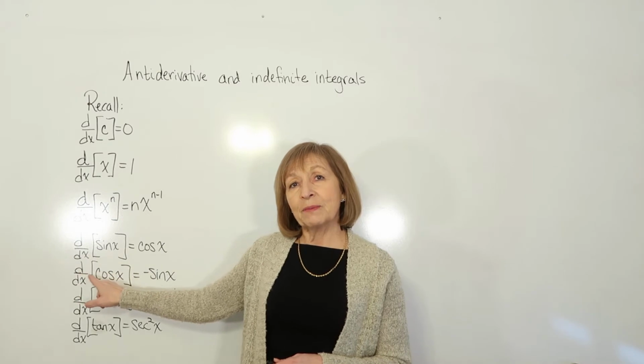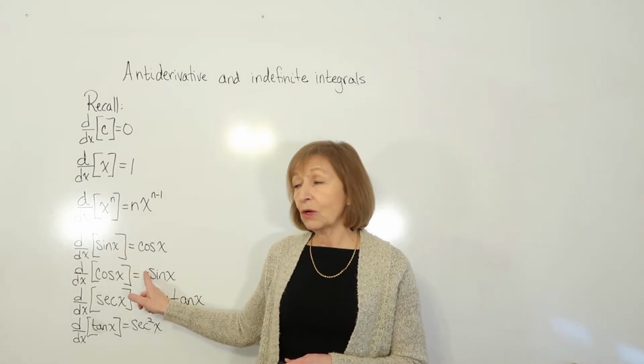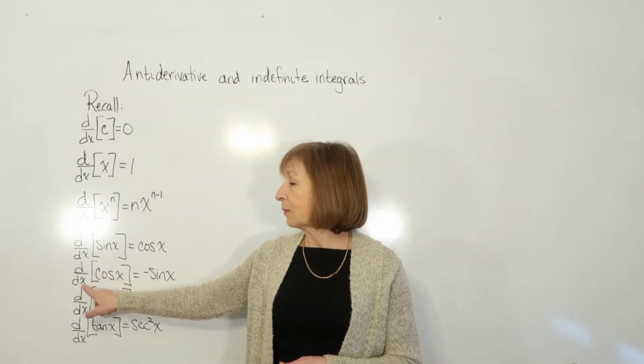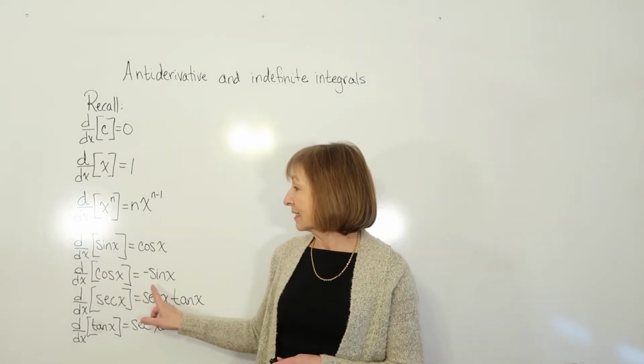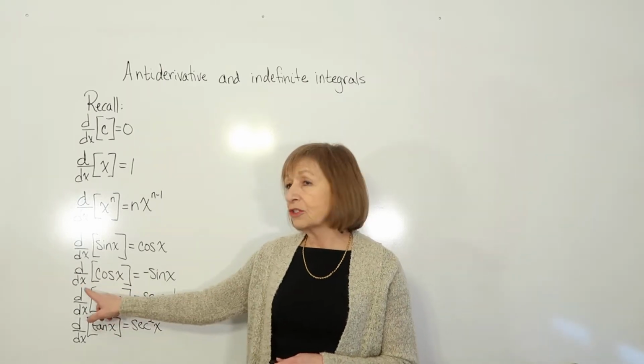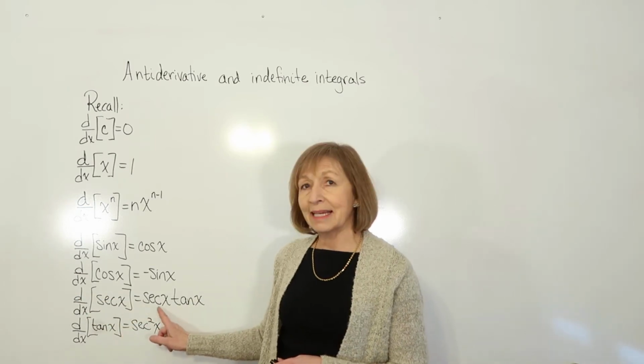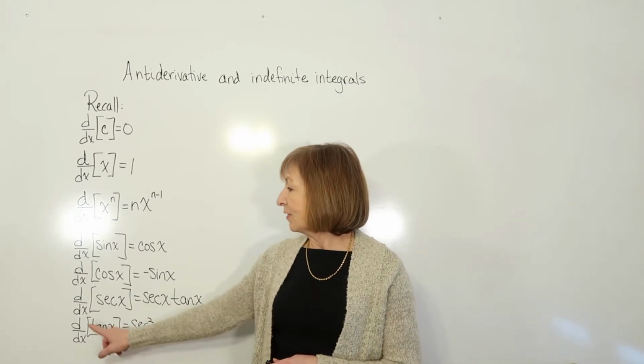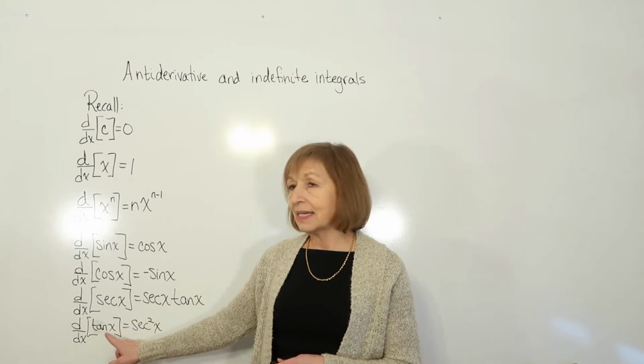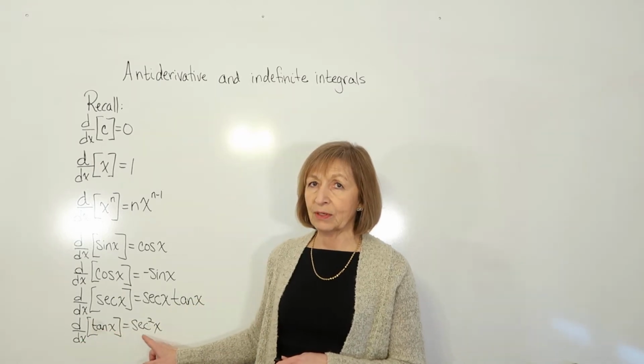The derivative with respect to x of sine x is cosine x. The derivative of cosine x is negative sine x. The derivative with respect to x of secant x is secant x tangent x. And the derivative with respect to x of tangent x is secant squared x.